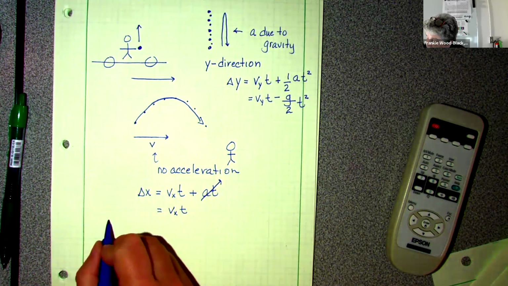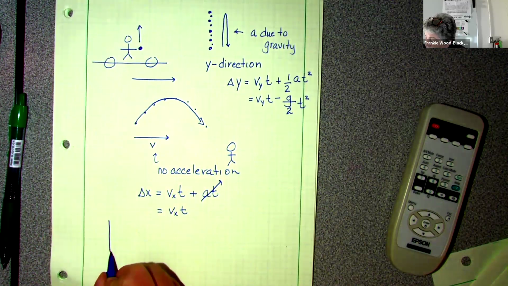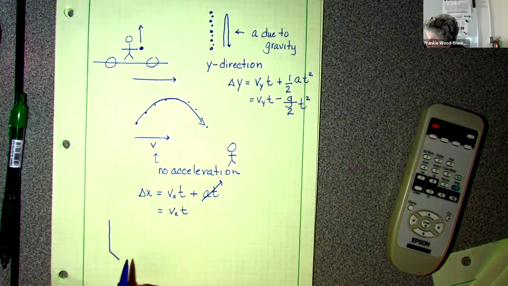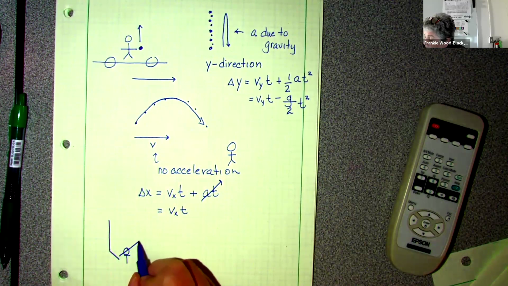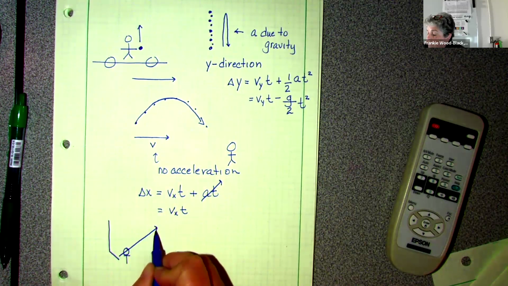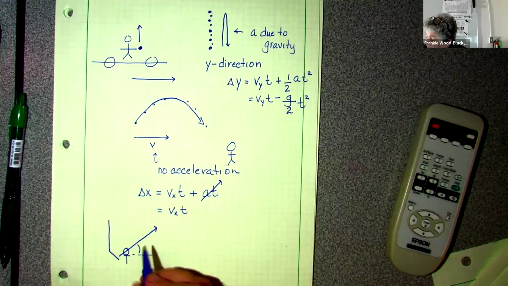Think of it this way. I have a golf club, and my golf club is going to hit a ball off the tee at a certain angle. We're going to go ahead and say what that angle is. We're going to make that angle 40 degrees.